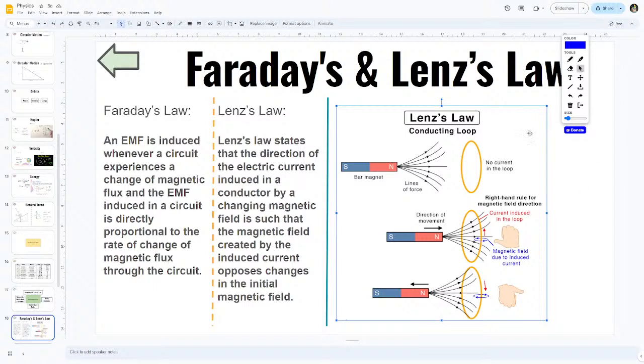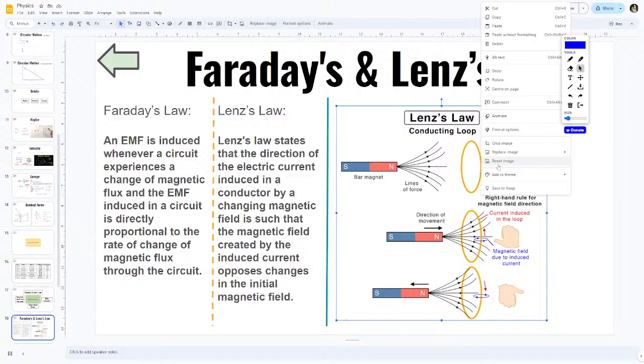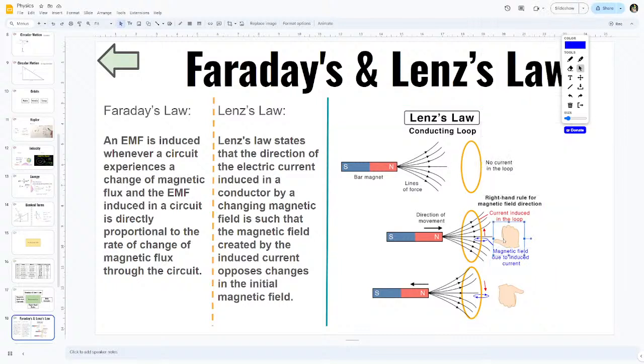Wait, did I edit this photo? I don't think I did this right. I edited them. Is that his right hand or left hand? No, that's his right hand. North to south.